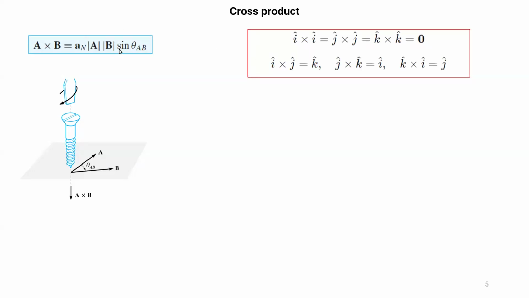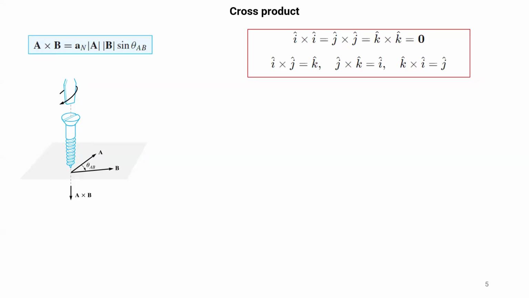Following this definition, Professor, I have a question. What does the lowercase a with the n mean? Yes, this is the unit vector in the direction of the new vector. So doing A cross B, we get a new vector.